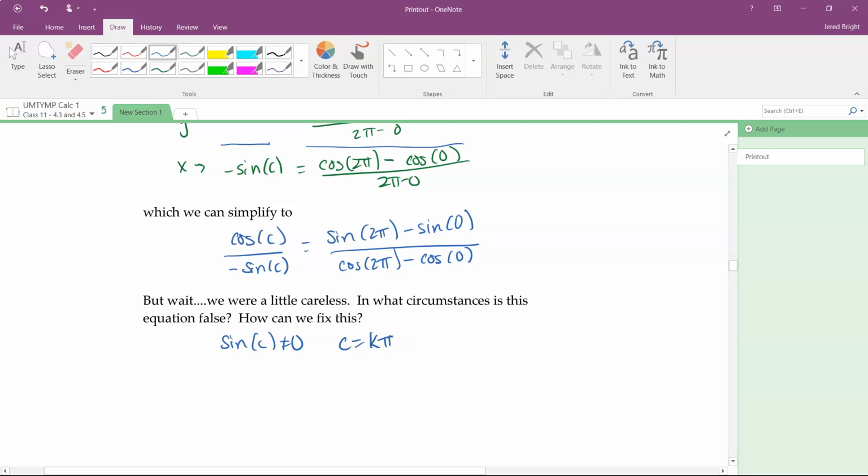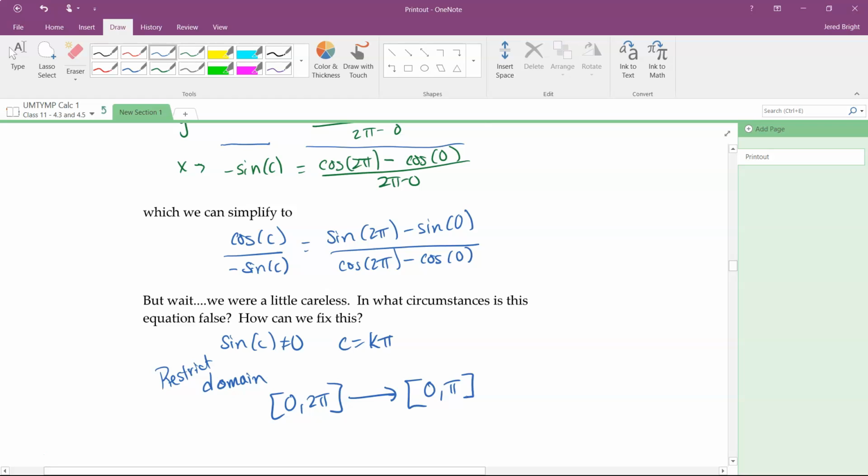I know c can't be anything in the endpoint, but it could potentially be pi itself. So how do I fix this? What I'm going to do is restrict my domain. Instead of from 0 to 2 pi, I'm going to have from 0 to pi, okay?